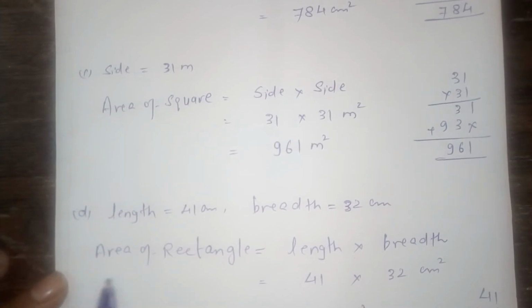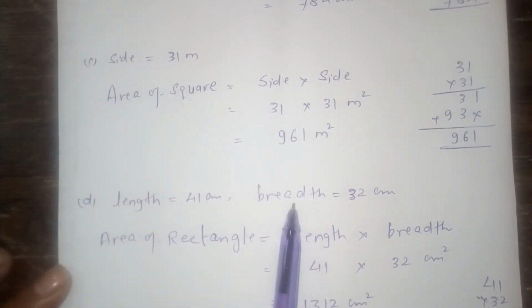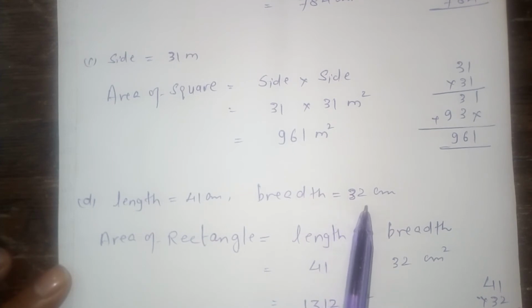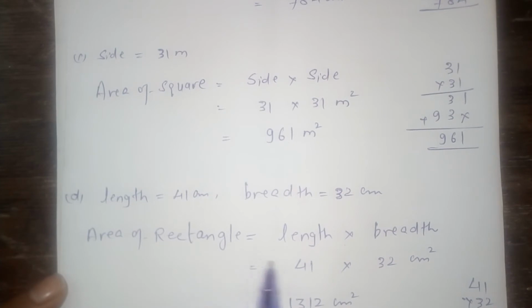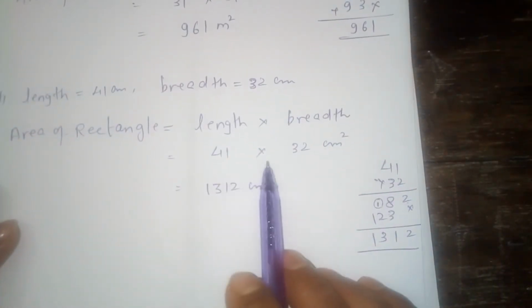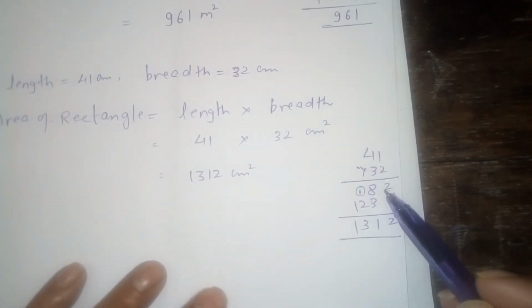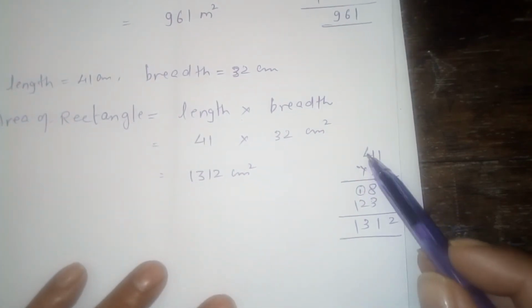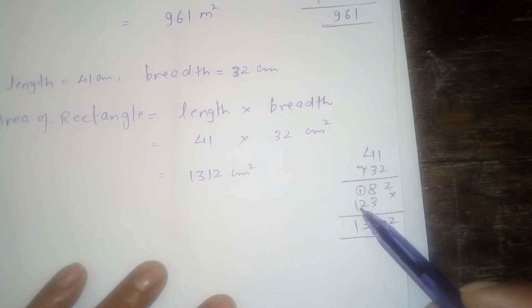Okay, your next question is the length is 41 centimeter and the breadth is 32 centimeter. In this question we will find the area of the rectangle, which is equal to length into breadth. Now look here, 41 into 32. What is the product? 2 times 1 is 2, 2 times 4 is 8, 3 times 1 is 3, 3 times 4 is 12.